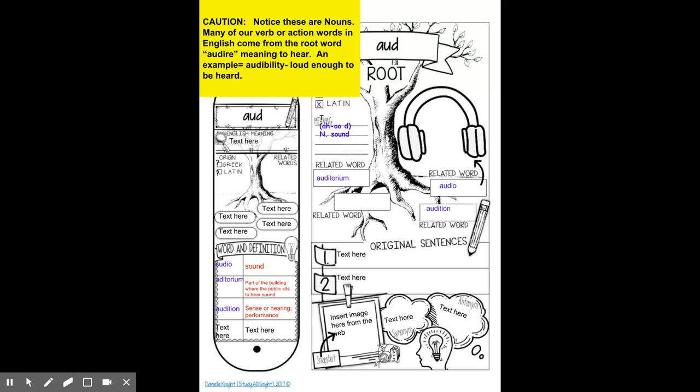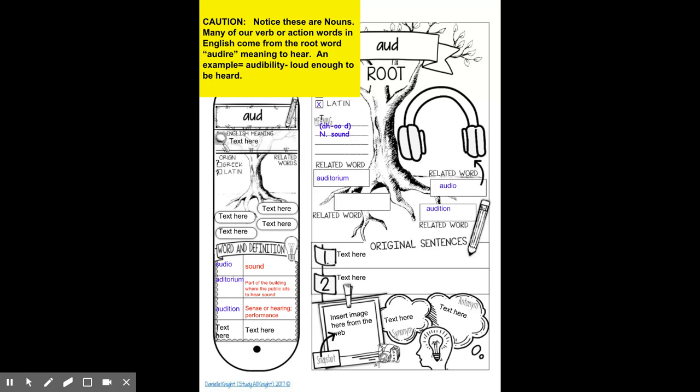Let's look at aud. Now, in English, as in Latin, when two vowels are put together, they tend to color each other or change the sound. And in Latin, at least in some pronunciations, the diphthong AU was typically pronounced like ow, as in the word found. Okay, so it would be aud.